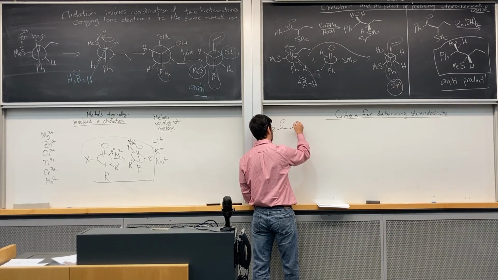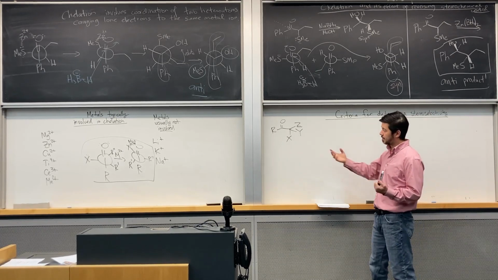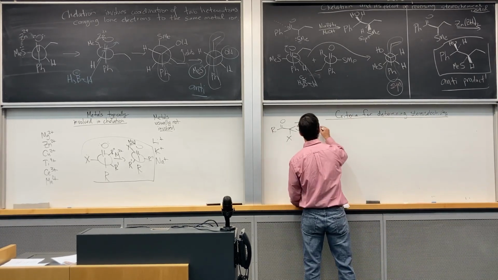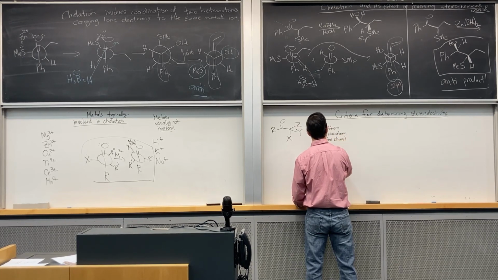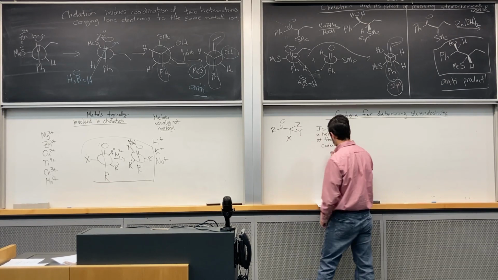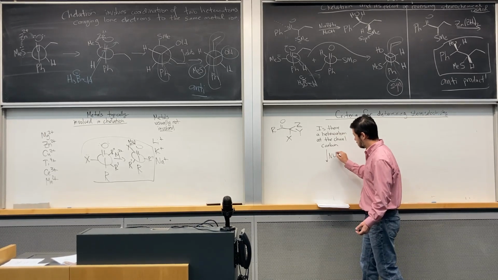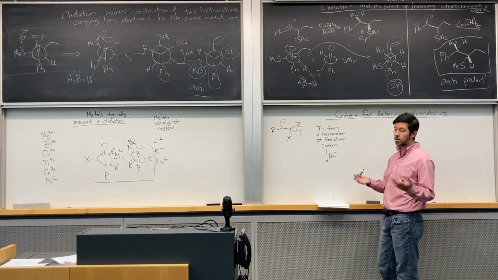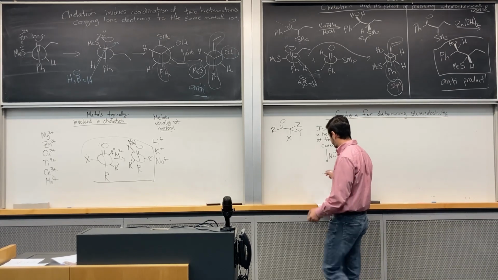And let's look at a classic example where you have X, Y, and Z. All right, so the first question you want to ask is, is there a heteroatom at position X, Y, or Z? There are two possible answers, yes or no. If the answer is no, then you're going to use the Felkin-Anh model guidelines that I just erased, and you're going to orient the largest group perpendicular to the carbonyl.